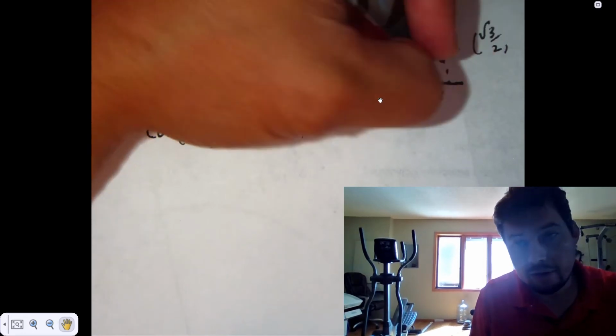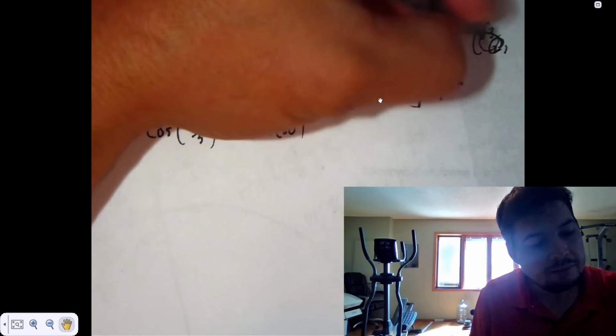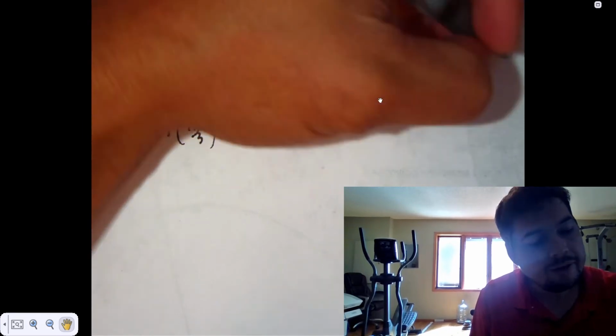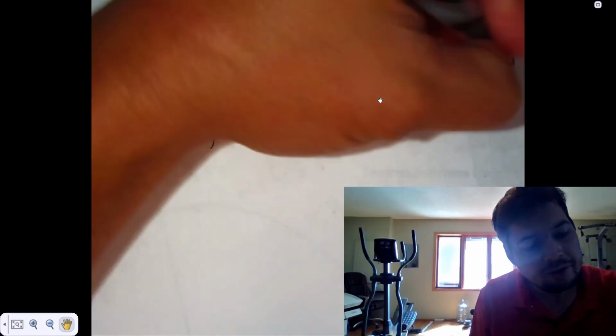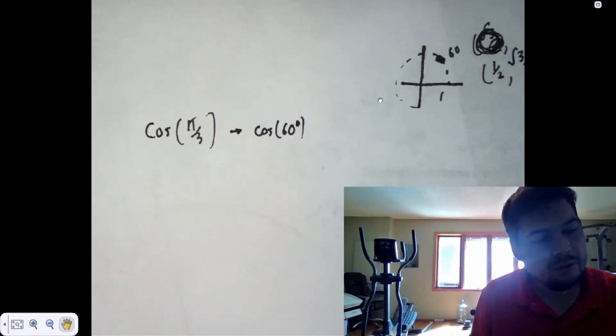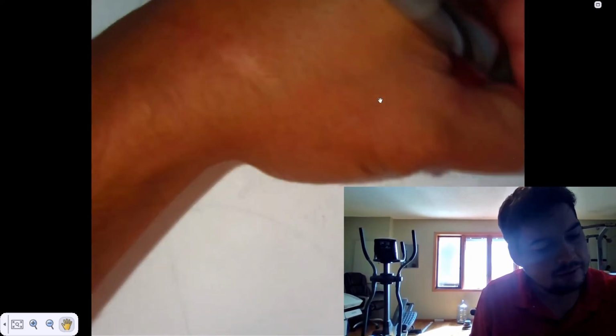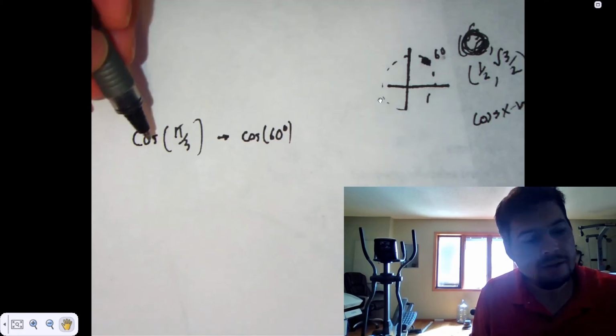I did that wrong, didn't I? That's because I made it too complex for myself. I ran to the right about half the radius, and I ran up root 3 over 2. You memorized some stuff yesterday. You know full well that cosine is the x value. So the cosine of pi over 3 is just a half.